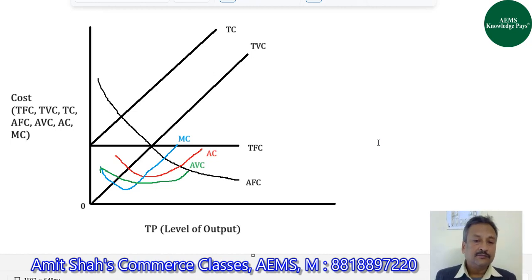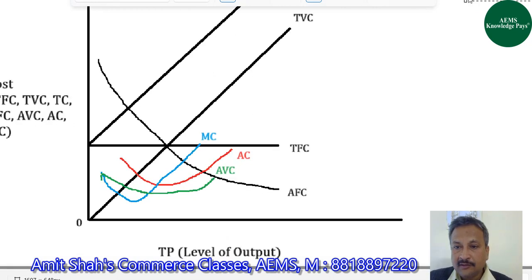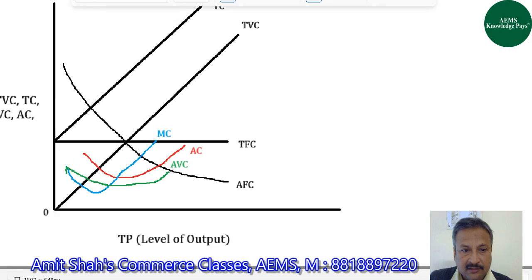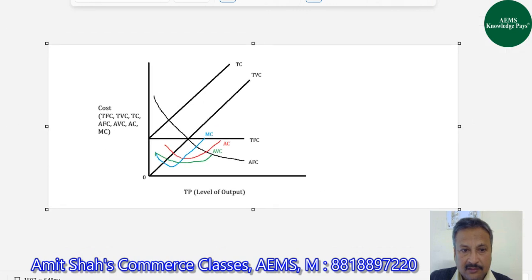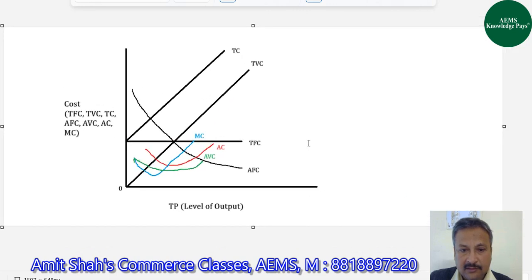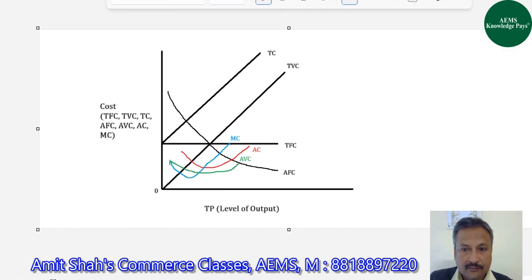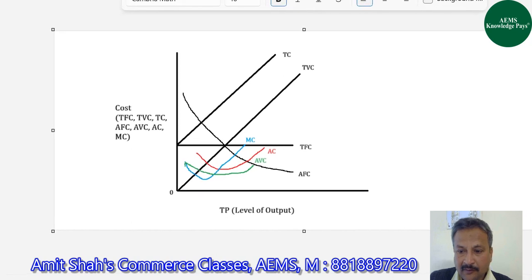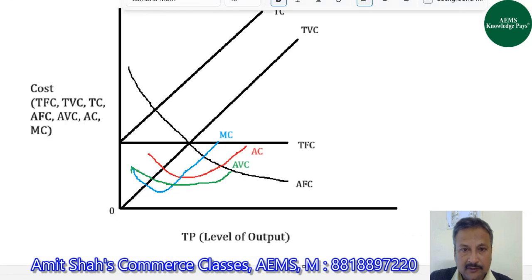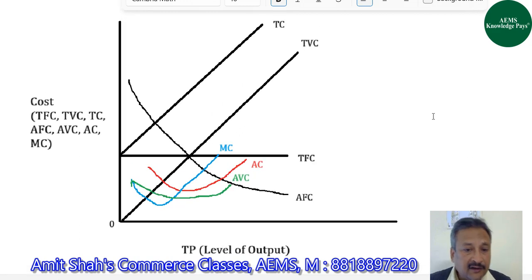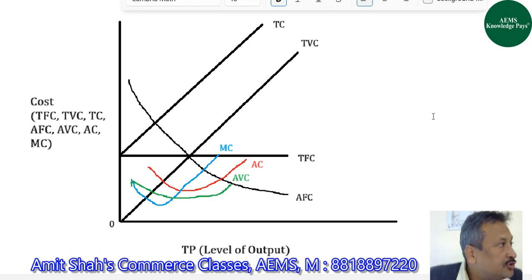So, guys, here you can see that the three curves that we have in color, that is marginal cost, average cost, and AVC, they all have U shape.